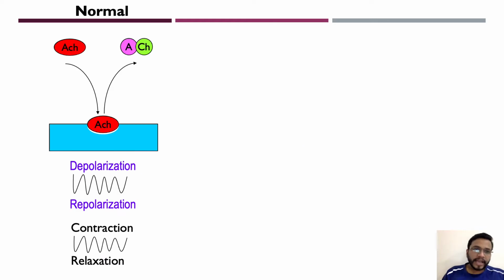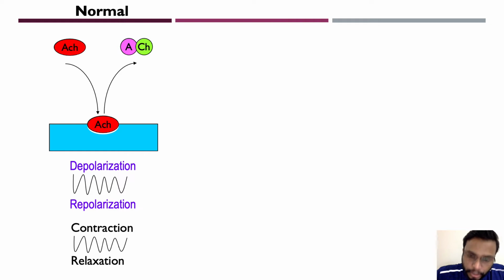The mechanism of action: we have to understand the normal physiology that is going to happen. The acetylcholine, as said earlier, is coming from the presynapse. Once it is stimulated, it moves into the synapse, then slowly gets into the acetylcholine receptors at the motor end plate.